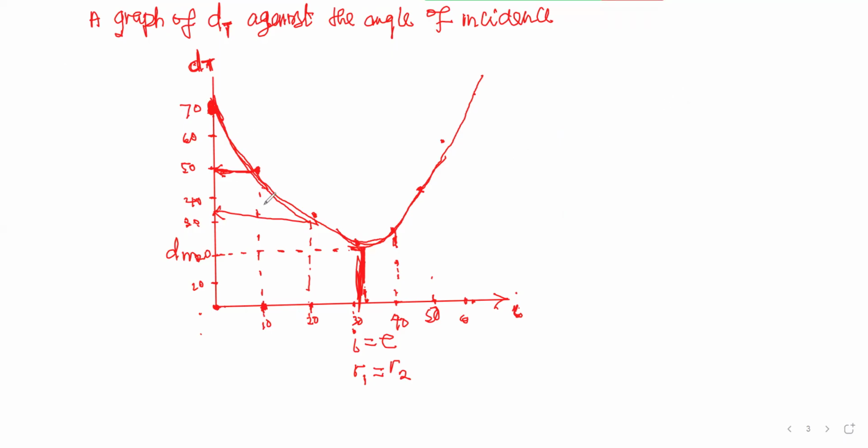Yes, Frank. Hello, Frank. Okay. So we have this triangular prism. The angle of the prism is 30.